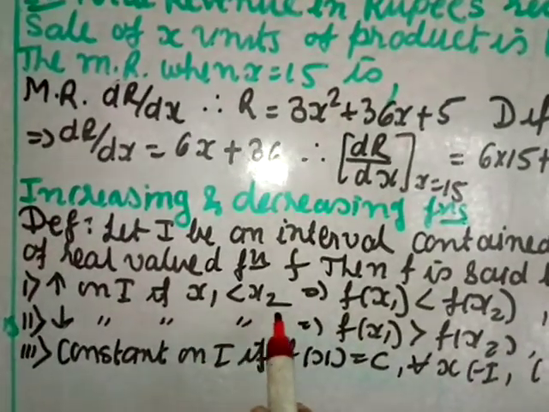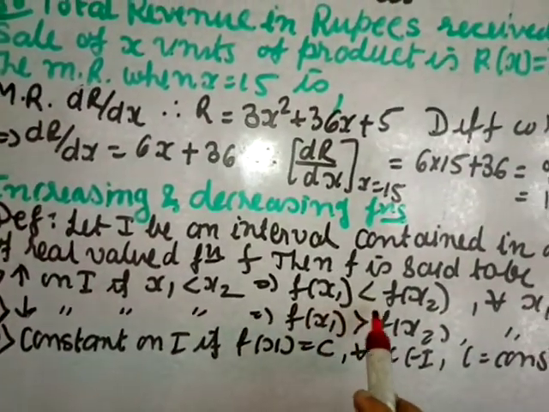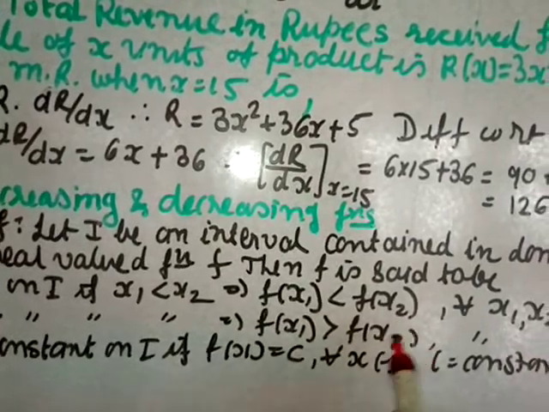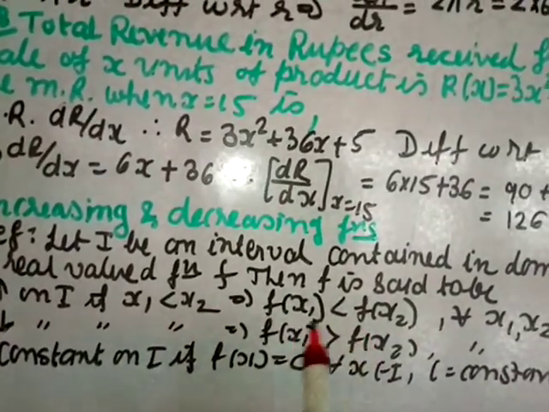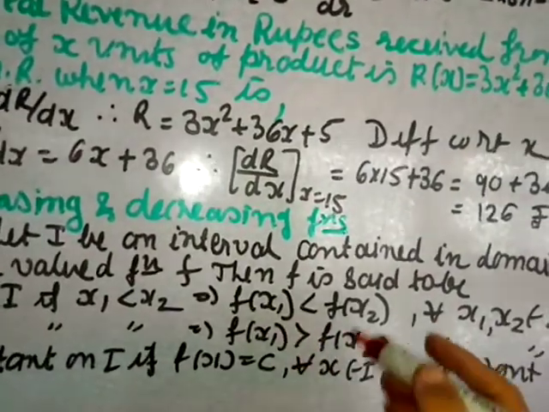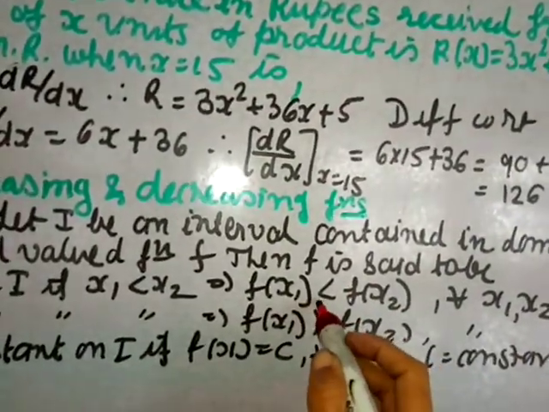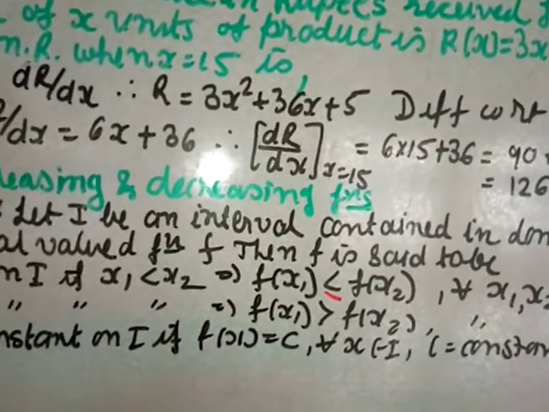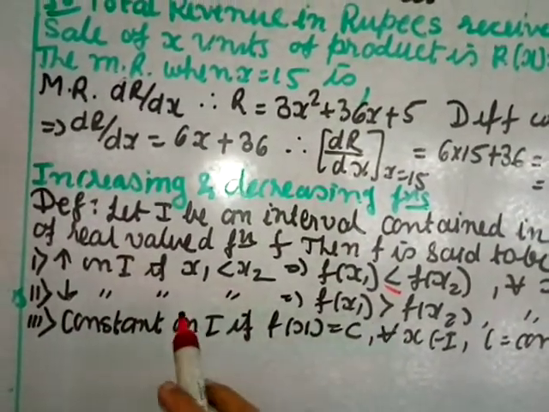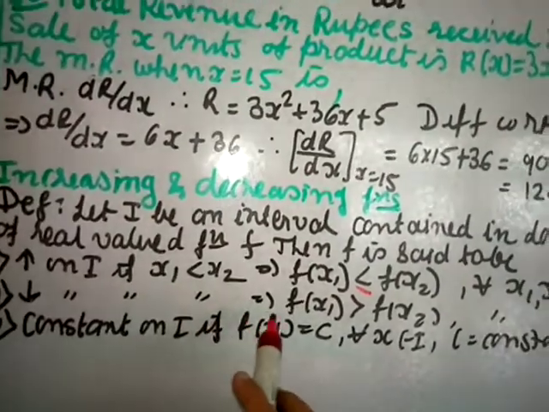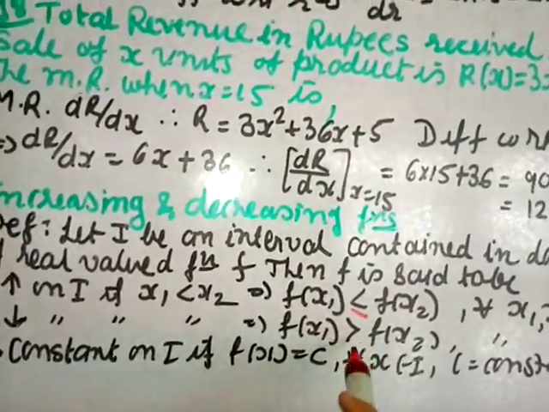When x1 less than x2 implies f of x1 less than f of x2, so the inequality remains the same, it is strictly increasing. But for only increasing, you put an equal sign here. Same way, strictly decreasing function: if x1 less than x2 implies f of x1 greater than f of x2.